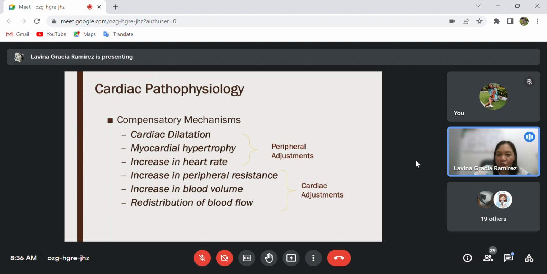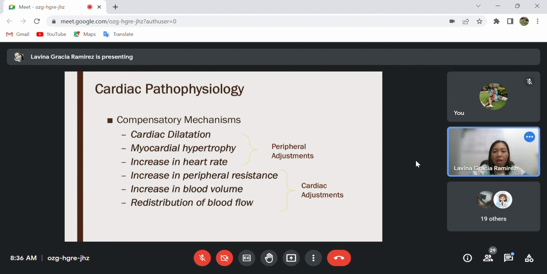Cardiac dilatation is different from your hypertrophy, so later we will talk about the differences. This cardiac dilatation and hypertrophy will allow an increase in the filling of the chambers, doon sa loob ng heart, especially during diastole. So ito yung pag-fill ng blood doon sa ventricles.